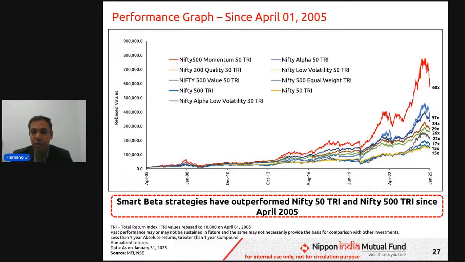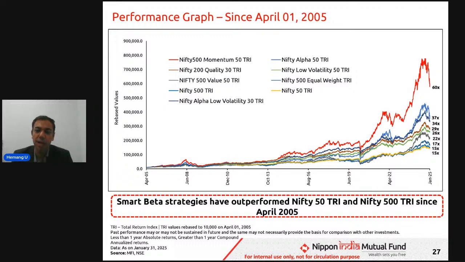The red line, 60x, is Nifty 500 Momentum 50. The bottom yellow and blue lines, 15x, are Nifty 50 and Nifty 500. What we are trying to show is that all factor indexes across a longer period of time have beaten Nifty 50 and Nifty 500, as the chart shows. That is the point of this particular chart.